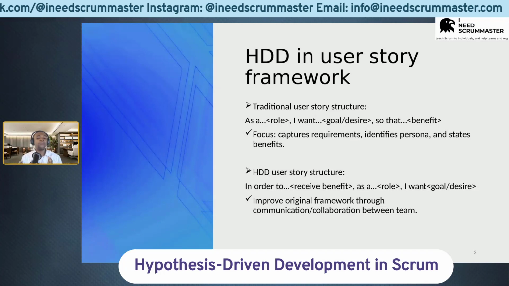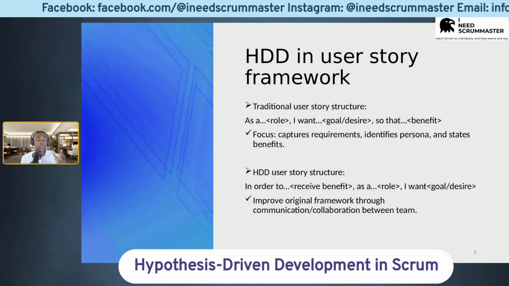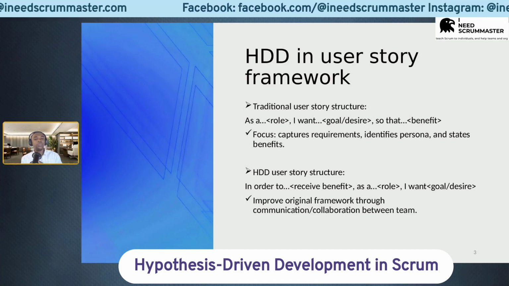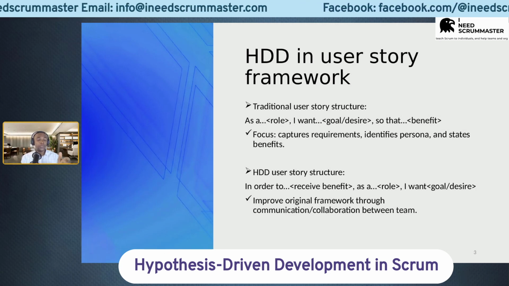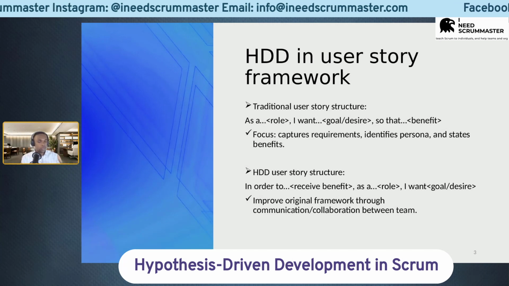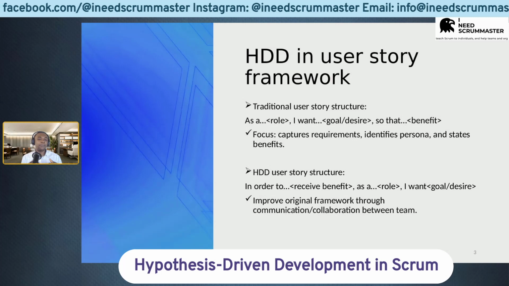Now we understand basically the framework, the traditional structure of a user story: as a X, I want Y, so that Z. This is basically what most of us are used to. But HDD is just an overturn. It's like turning it upside down, if I may put it that way.